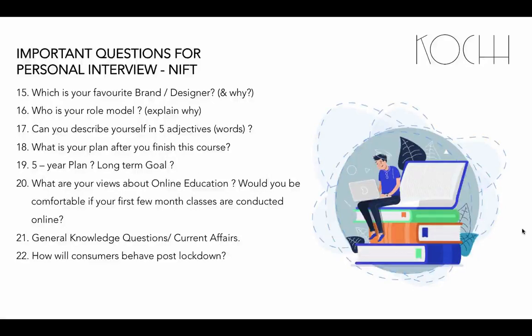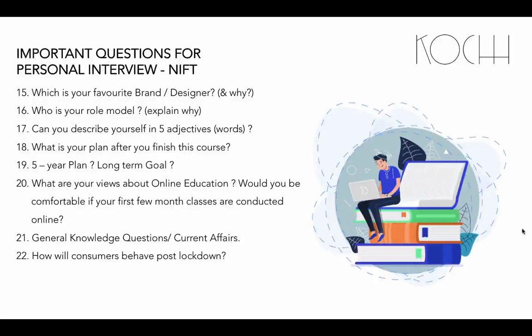So leader and a good team player, and let's say I'm very organized and I'm extrovert and things like that. They might ask you, okay, tell me, how do your friends describe you as a person? So make sure that you don't just end up saying that, okay, I'm a very funny person and I'm this and that. Always include the basic adjectives which are required, even at a job or even as a student.